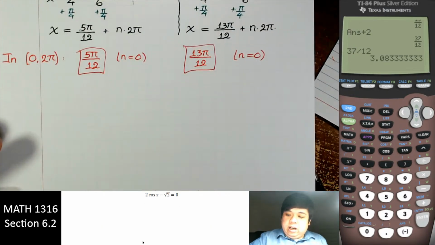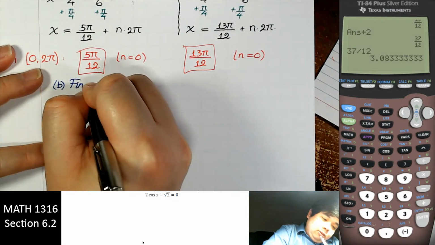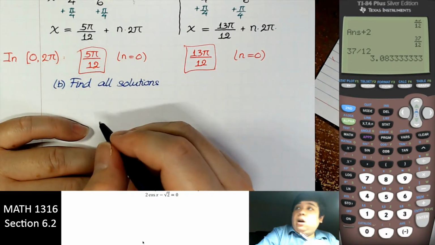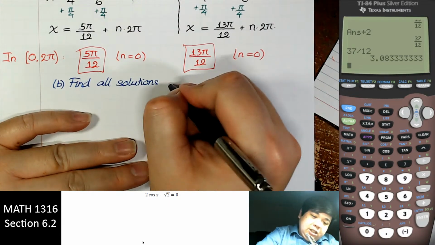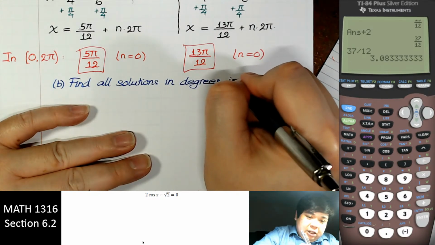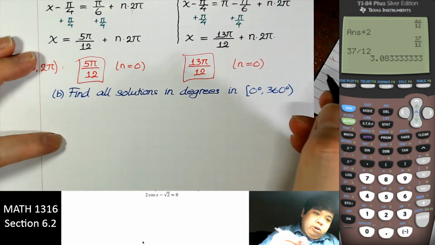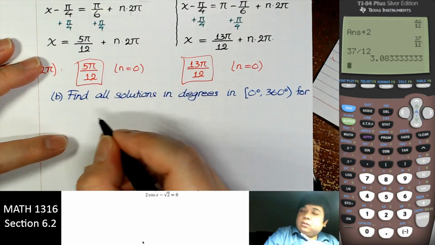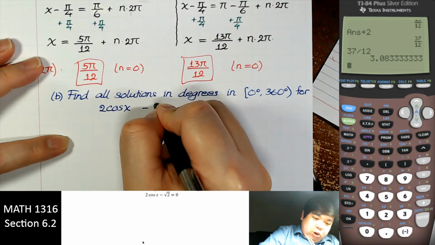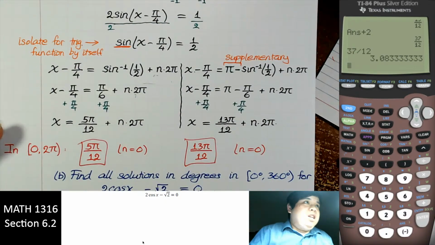Right, go to the second example. Find all solutions in degrees, from 0 to 360 degrees, for 2 cosine of x minus square root of 2 equals 0. This will be similar to what we did here.